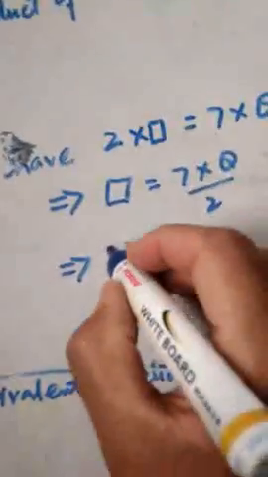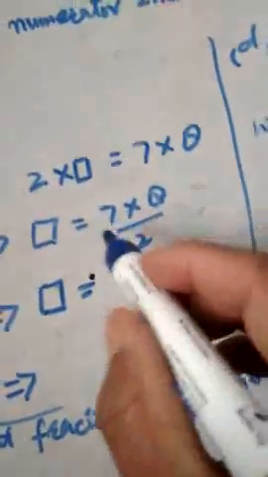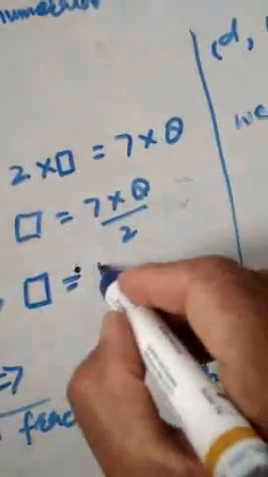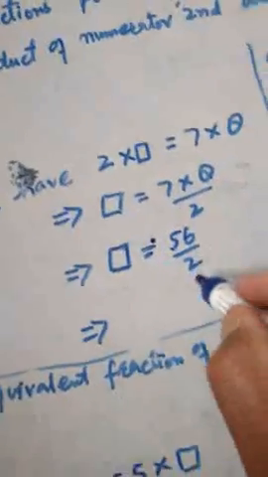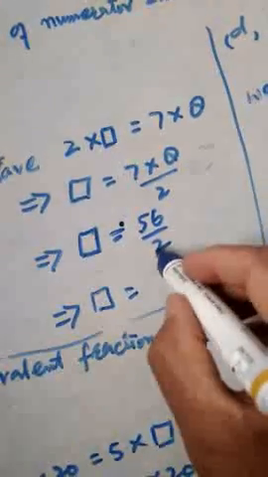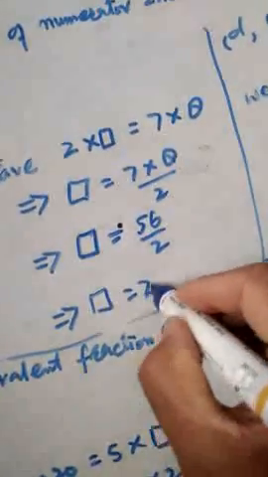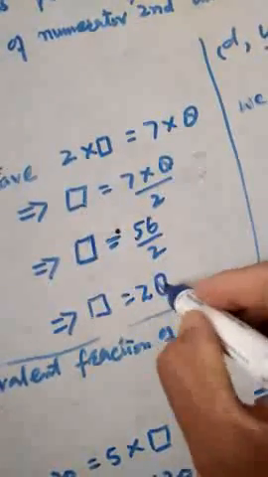That means this blank space is equal to 7 into 8 by 2. 7 8s are 56, by 2. When 56 is divided by 2, 2 2s are 4, 1 goes this way, it becomes 16, 2 8s are 16.